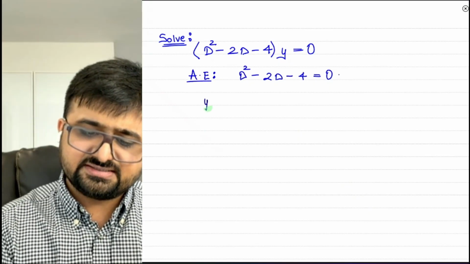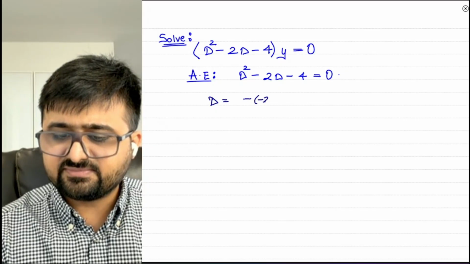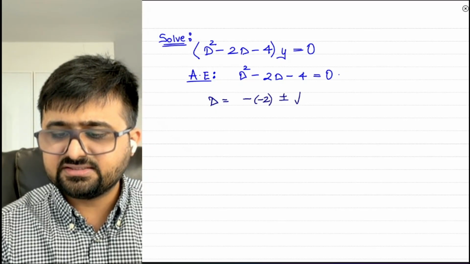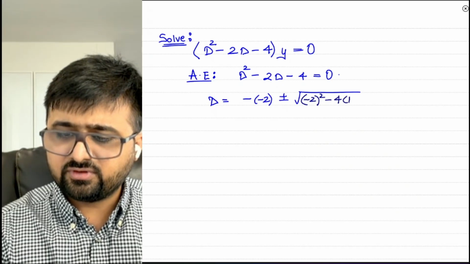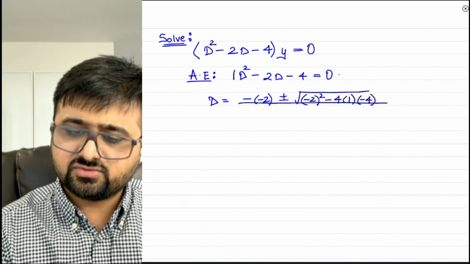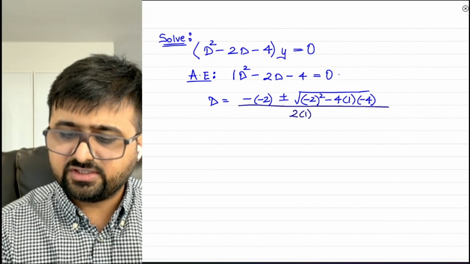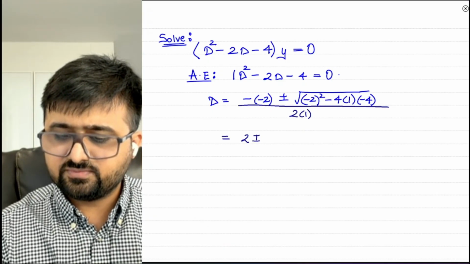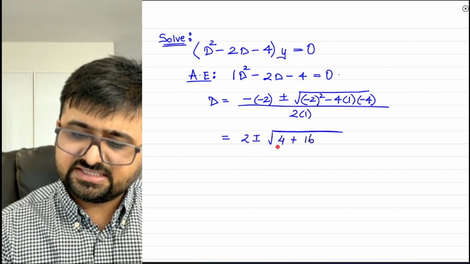So our D is going to be minus b, so minus minus 2, plus minus square root of b square, minus 2 square, minus 4ac, so a is 1, c is minus 4, divided by 2a, divided by 2 times 1. So that will become 2 plus minus square root of 4 plus 16, divided by 2.